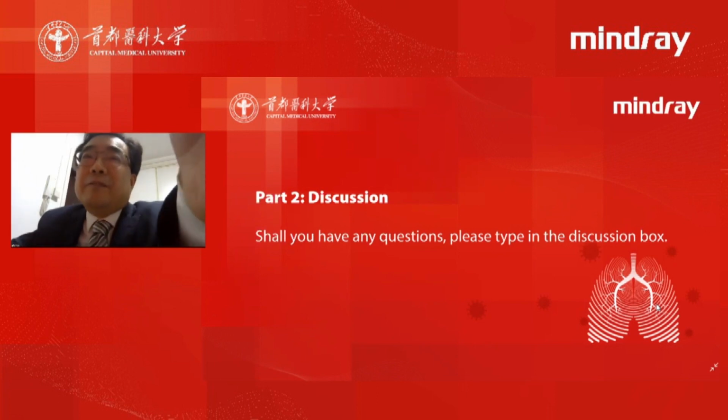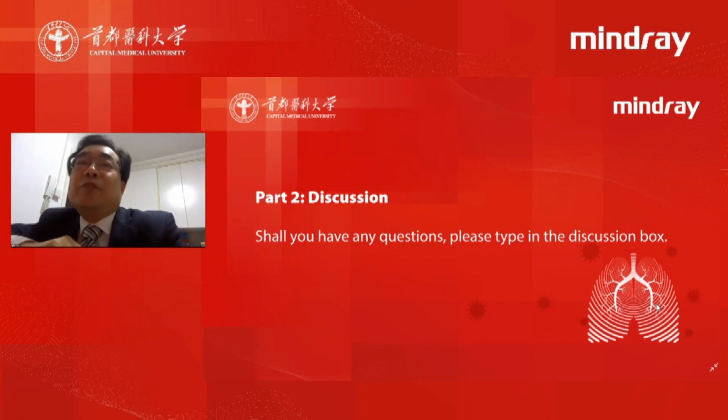Okay, thanks. It's a good question from the audience. We are at the epicenter of the epidemic. In the initial outbreak of this disease, COVID-19, we faced a challenge and dilemma at the beginning. We saw a lot of patients with RT-PCR negative, but the CT showed some signs of abnormality of the pulmonary.